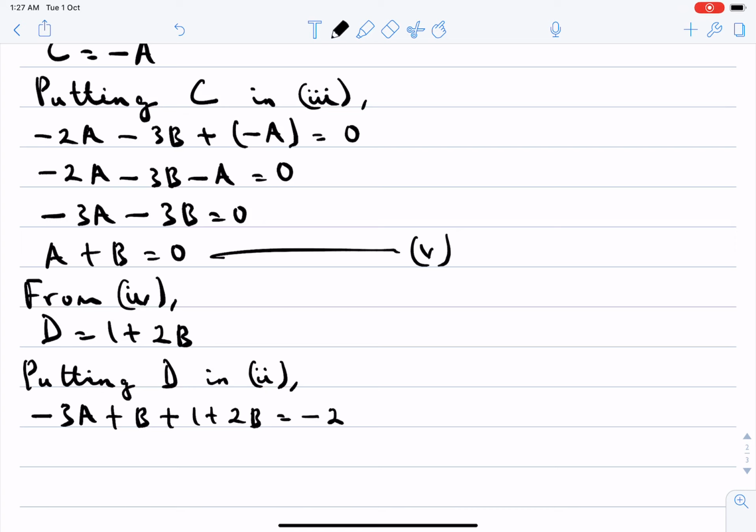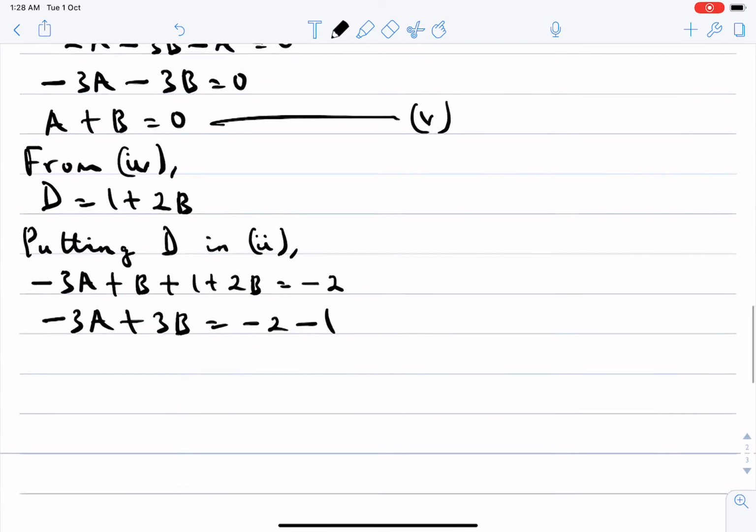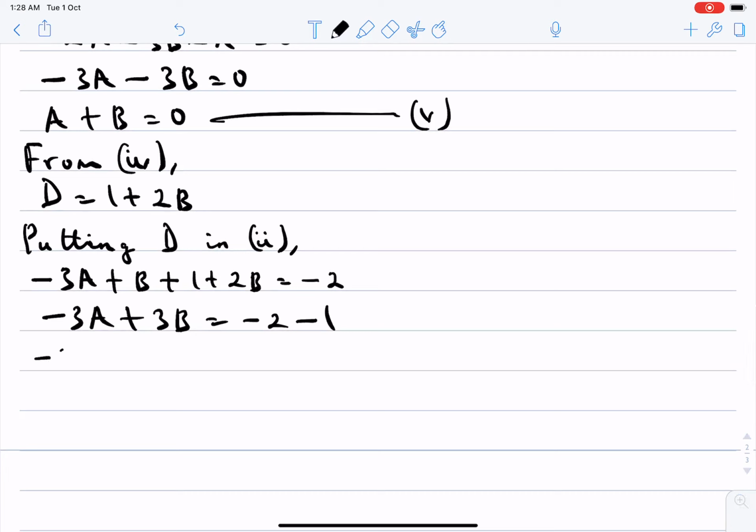And this simply means minus 3a plus 3b equals minus 2 minus 1, which is the same as minus 3a plus 3b equals minus 3.